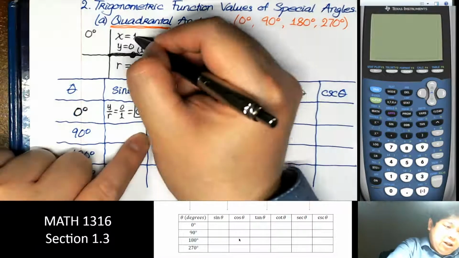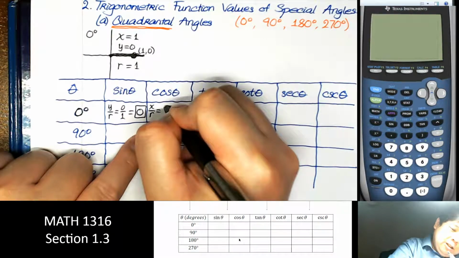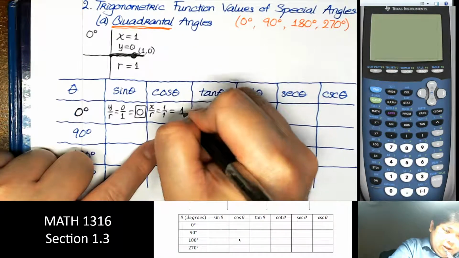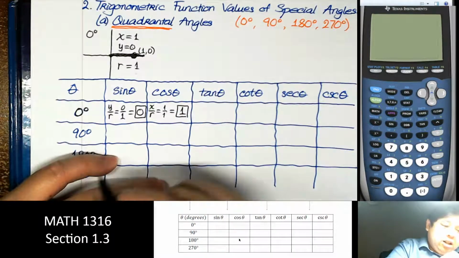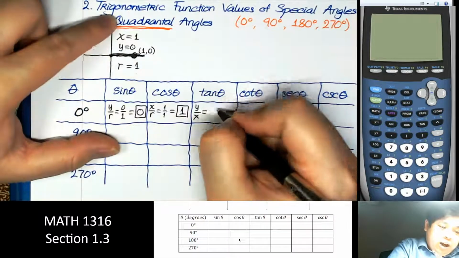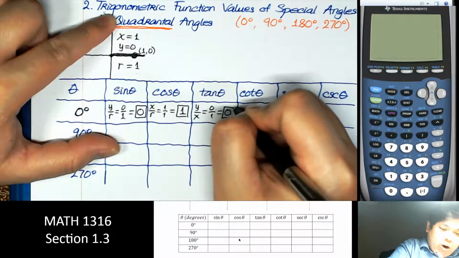Cosine is x over r. Tangent is y over x, 0 over 1 is 0.